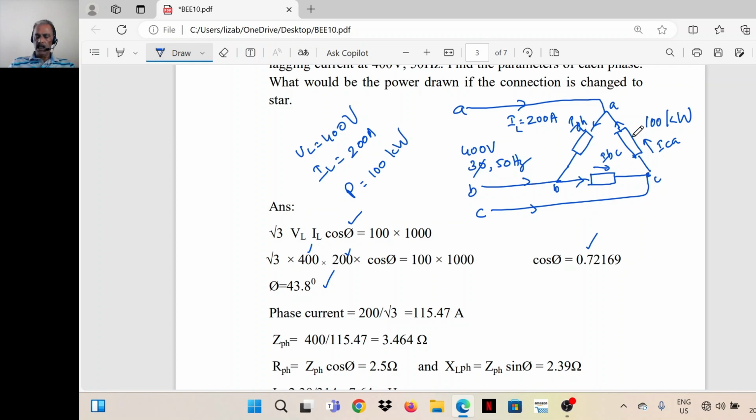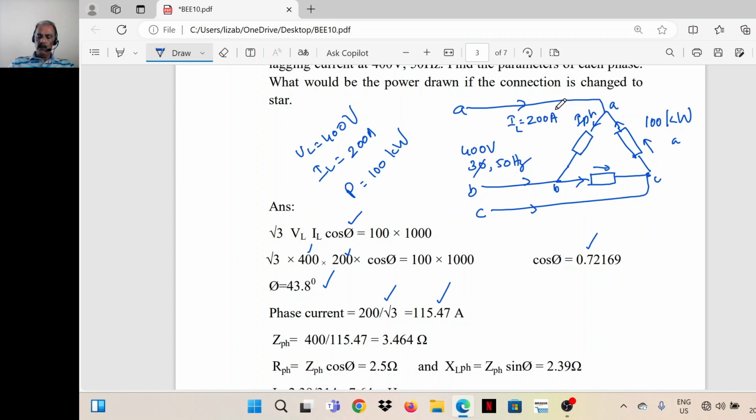All these currents are equal, so there's no need of specifying IAB, IBC, ICA separately; I'll just write phase current. In a delta connection, phase current is equal to line current divided by root 3. So phase current is 200 by root 3, 115.47 ampere. That is the current in each phase.